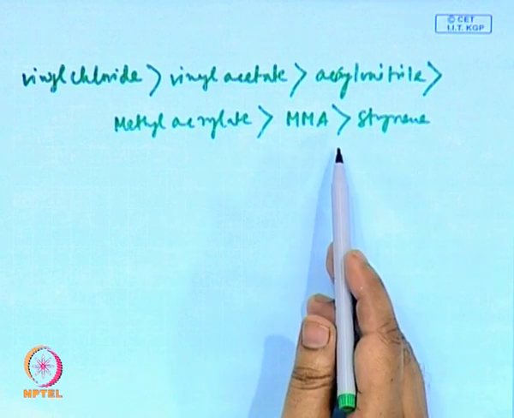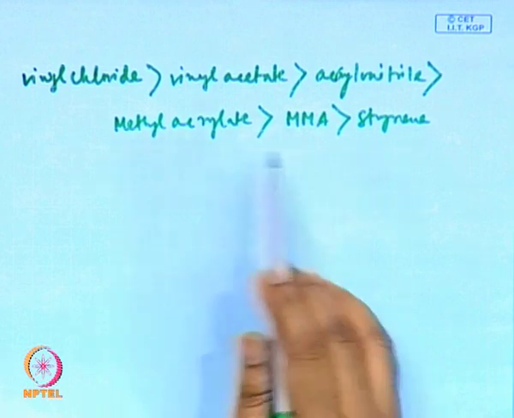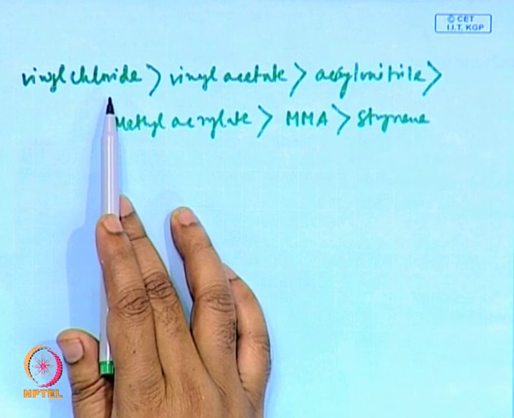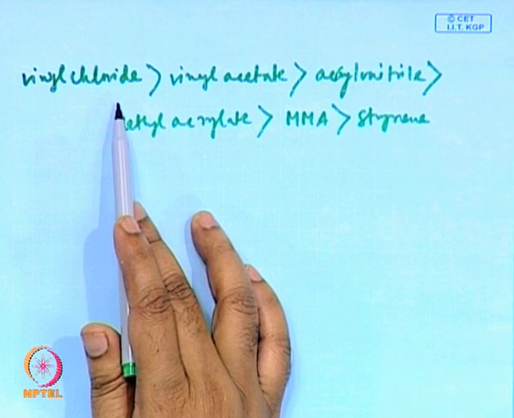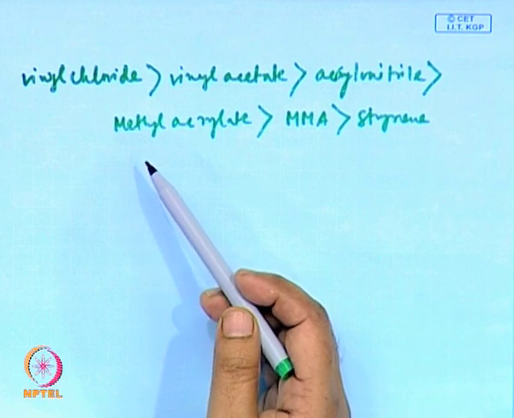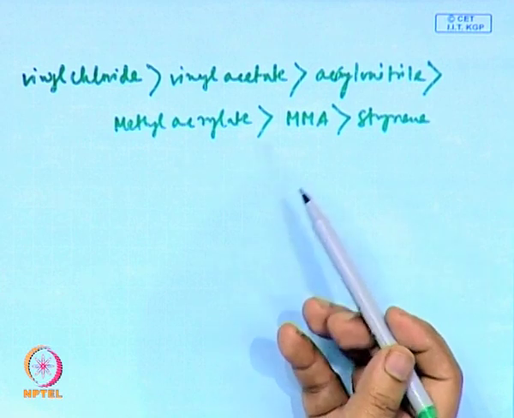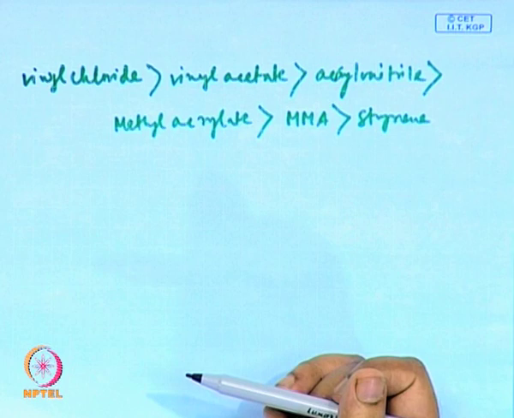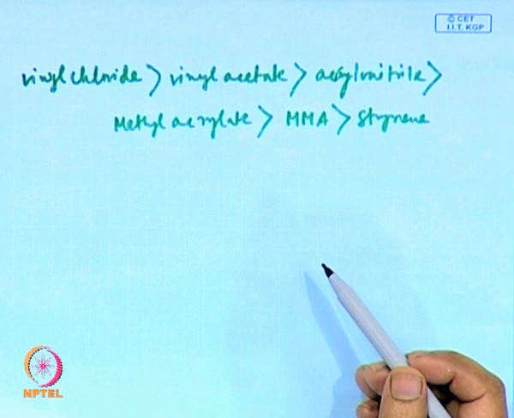You can yourself, from your knowledge of organic chemistry, justify this ranking, because this is the most reactive. The radical generated from vinyl chloride will be much more reactive compared to the other ones, okay, because this lacks any significant stabilization mechanism either by resonance or by inductive effect, whereas the radical generated from styrene will have stabilization by resonance. So, the reactivity of that radical will come down.